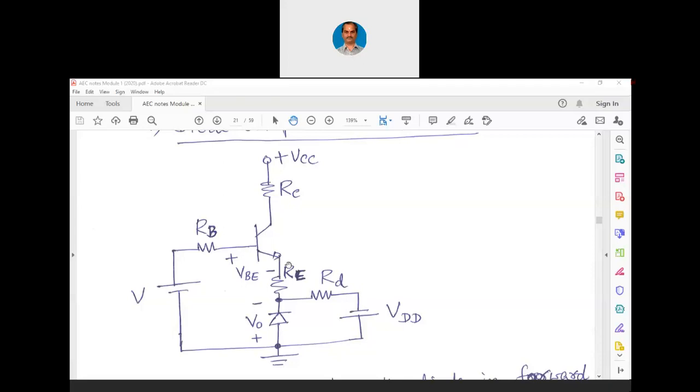But when temperature changes, the drop across the diode also changes. You can see this PN diode at the base to emitter, and there is another PN diode from the ground to the emitter side, which means we have connected two diodes back to back. There is already one base to emitter diode, and we have connected another diode.